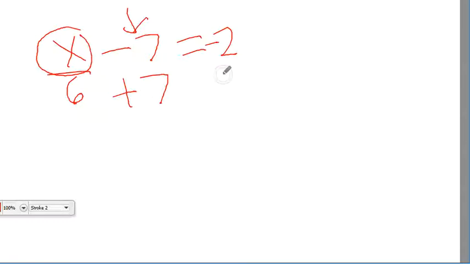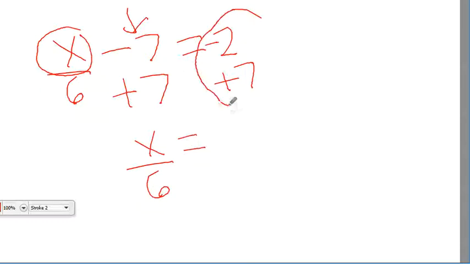If we add 7 to the left side, we have to add 7 to the right side, which leaves us with x divided by 6 equals negative 2 plus 7. Remember, whenever you're dealing with positive and negatives, get out your calculator. Make sure you have that right next to you all the time. Negative 2 plus 7 is 5.